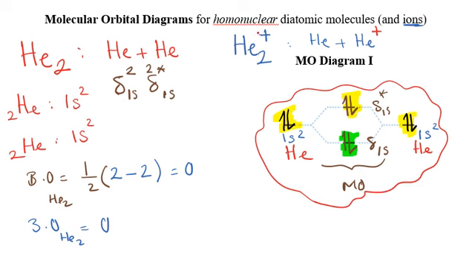You just need to remove 1 electron. Then we write this as He2 1 plus. We are going to have only 1 electron in the anti-bonding level.